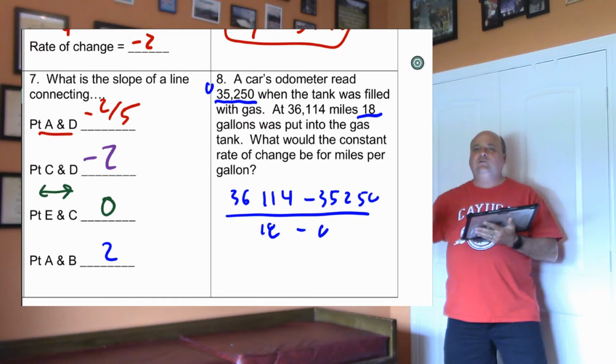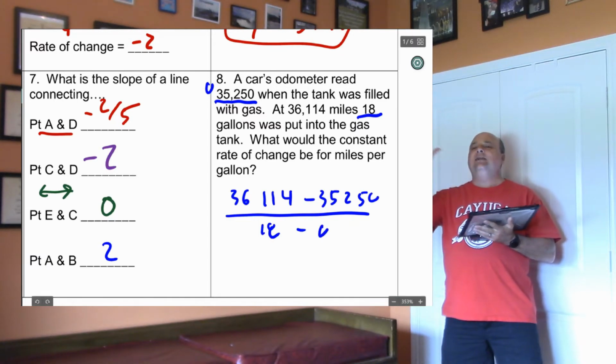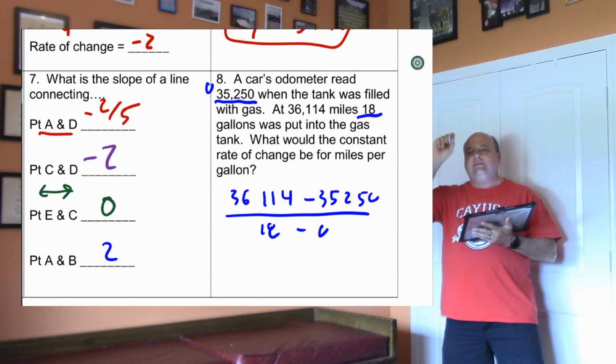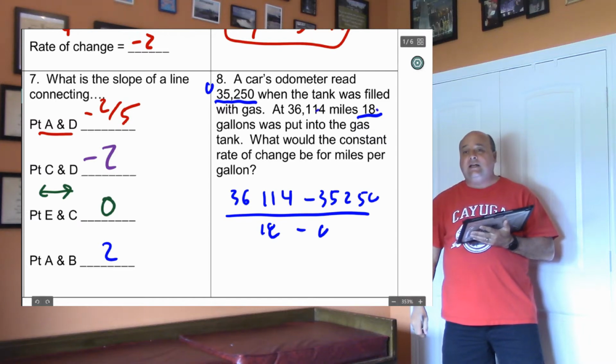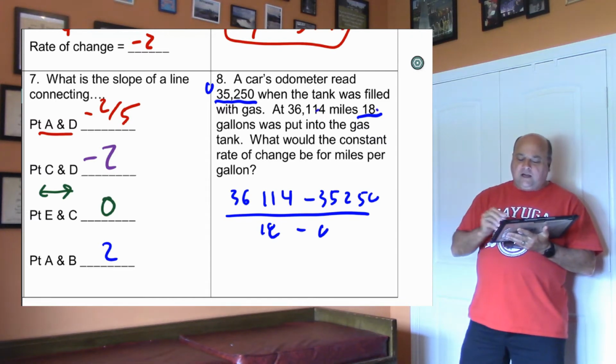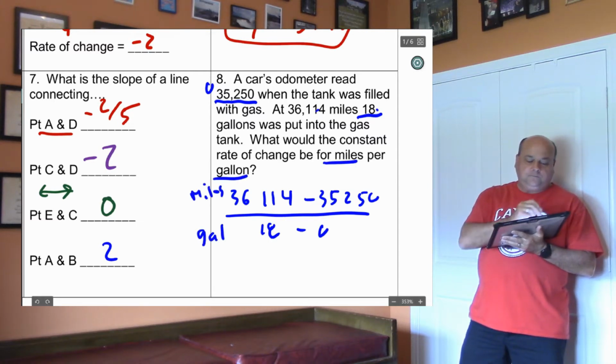So 18 gallons will go how far, right? So right here, you start at not 0 gallons in the car, but that's how many gallons you have used. You have used 0 gallons. At this amount, you have used 18 gallons, right? What would the constant rate of change be for miles per gallon? This is miles per gallon, right?